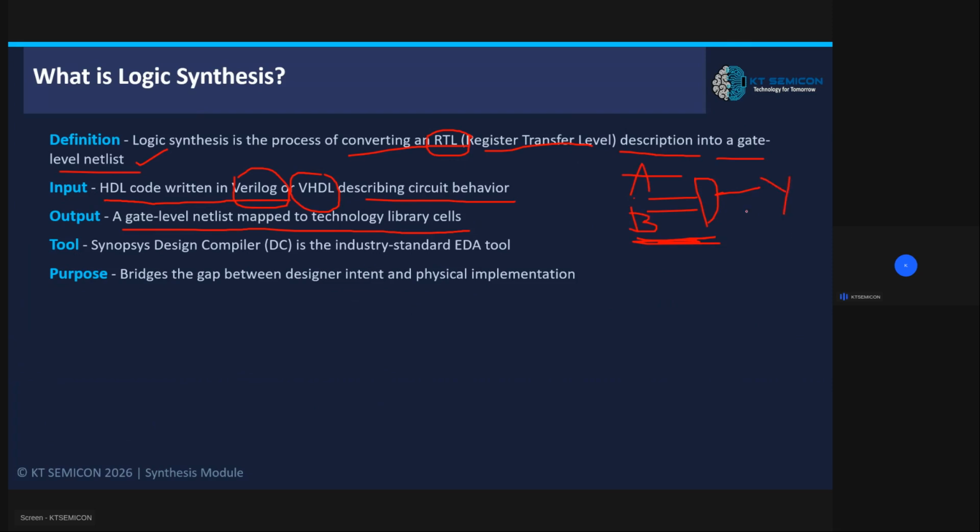We write the logic in Verilog or VHDL format, but the same logic is there in my RTL file and netlist file. Both are the same. There is no change in the logic, same inputs, same outputs. But the major thing is that it is translated into a gate level netlist, which depends on the technology.